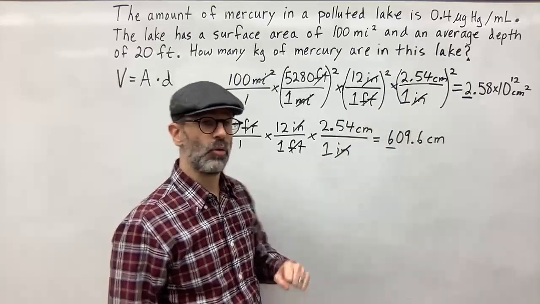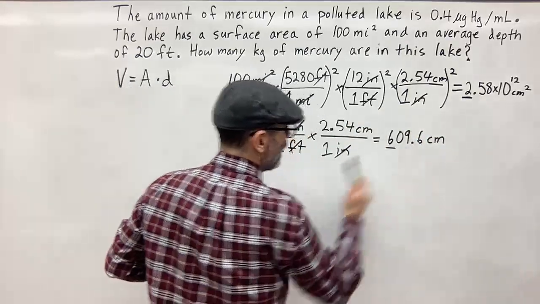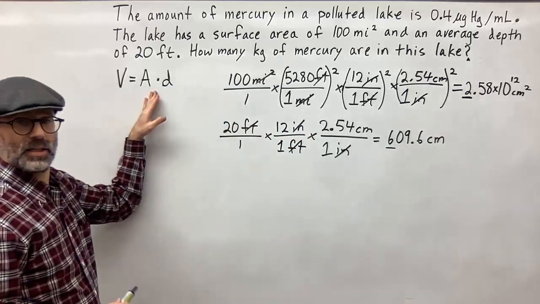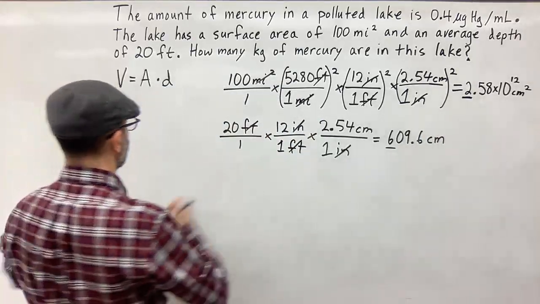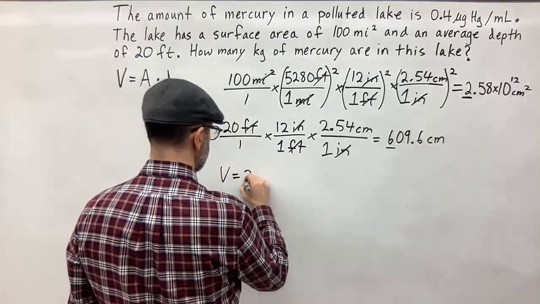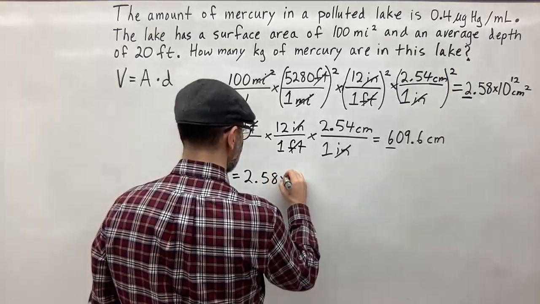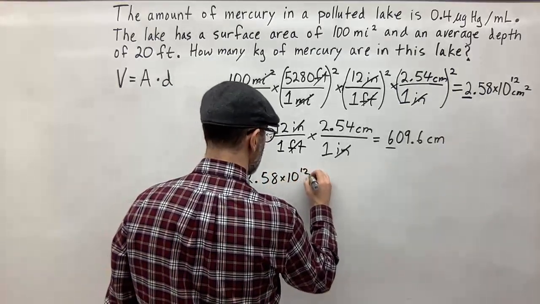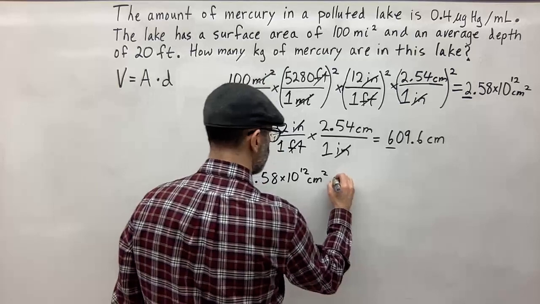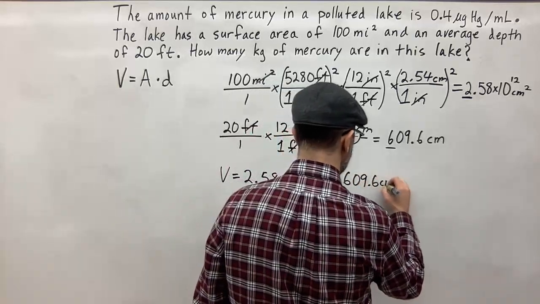Then now all we need to do is plug these numbers, area and distance, into the equation for volume. When we do that, volume is equal to 2.58 times 10 to the 12 centimeters squared multiplied by 609.6 centimeters.